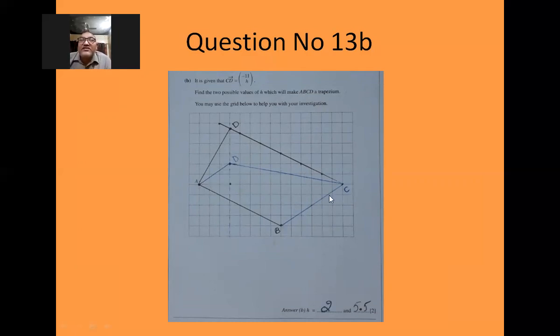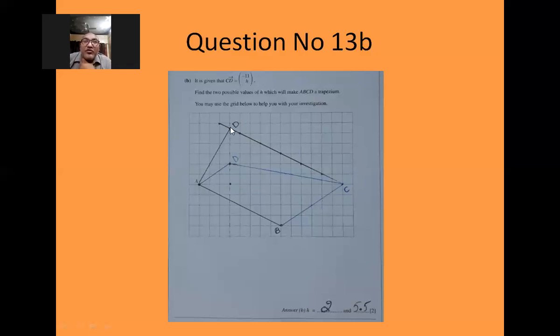First, these two lines are parallel, the blue line on the grid, so D can be anywhere here. Another possible value of D is here, because we know CD is (-11, H), so you go 11 steps to the left.